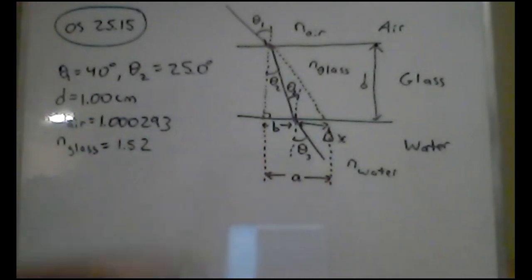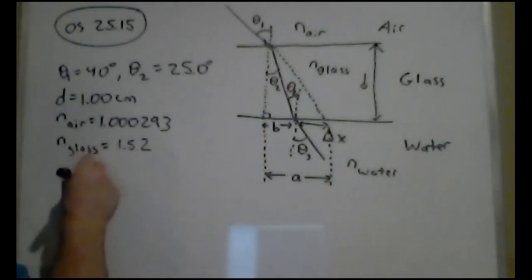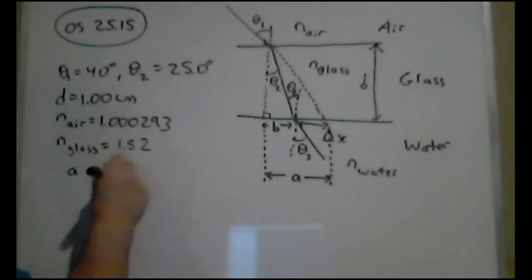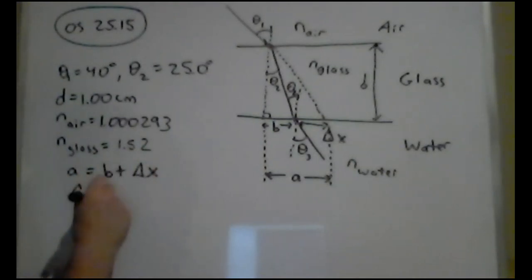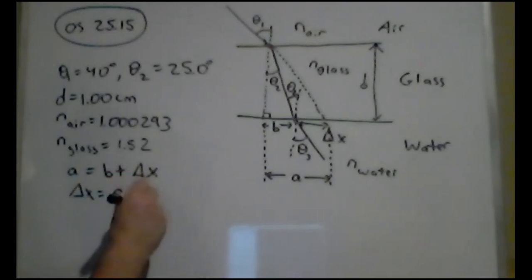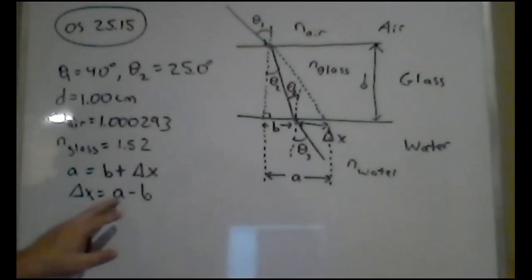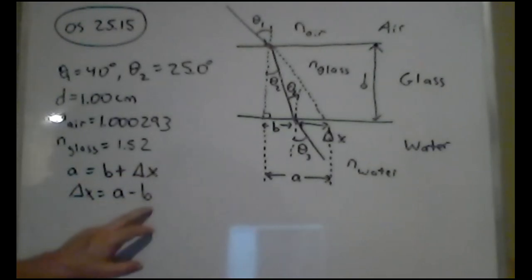So what you can see very clearly is that A is simply going to equal B plus delta X. Or in the end, delta X is nothing more than A minus B. So I can use trigonometry to find A, and to find B, and then I can get the delta X I'm looking for. All right, so that's the game plan.